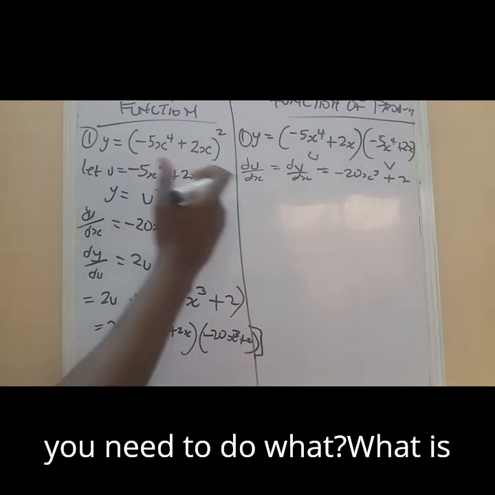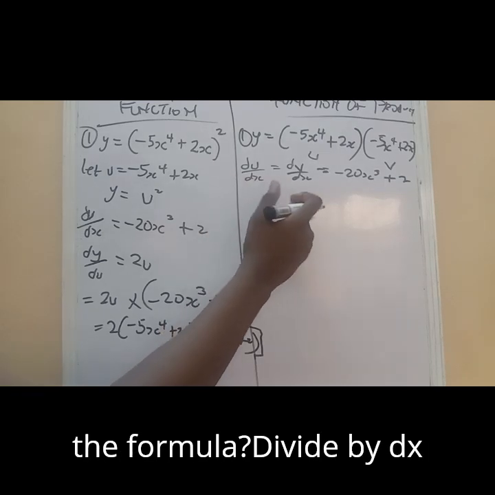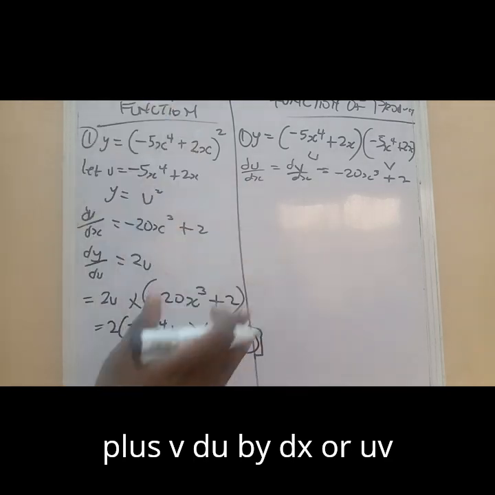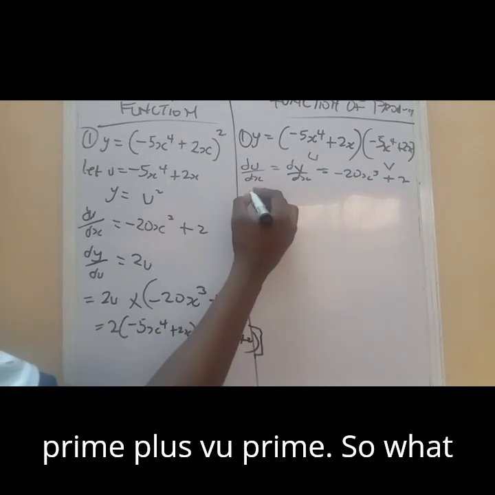What is the formula? dy/dx equals u dv/dx plus v du/dx, or uv' plus vu'.